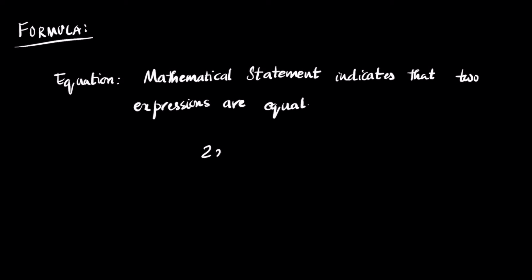For example, if you have an expression, say 2x plus 1, and we write it's equal to 7. Notice that this is an expression, and this is an expression. But when you combine both of them with an equality, that creates an equation.